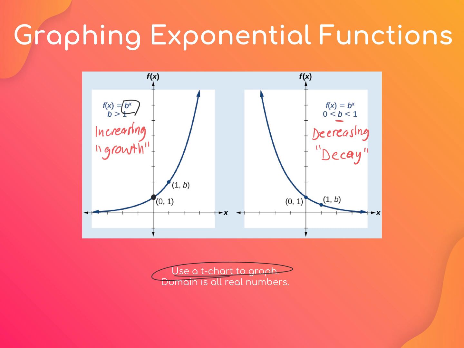But it's also helpful to know some basic points every time, right? So if you have something that is just a basic exponential function, and you know that it's going to be increasing, you know that the b value is greater than 1, we're always going to want to graph (0, 1) first. And then right after that, we're going to do (1, b), right?